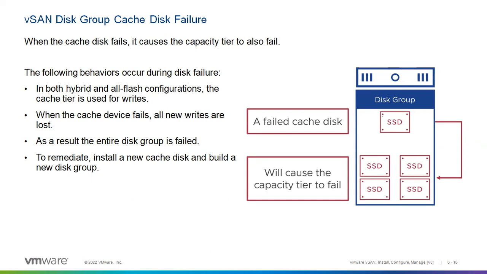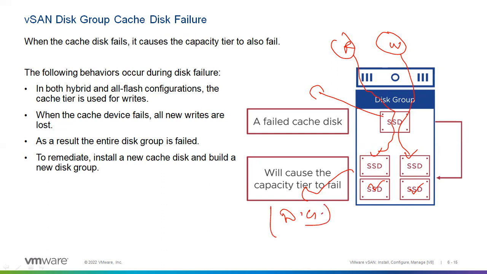Okay sir. So let's see one by one. What will happen if my cache disk fails? Now you could say, sir, my capacity is okay. But no, this is the gateway through which you are reading or writing data. At that point of time, that entire disk group will be considered a failed disk group.